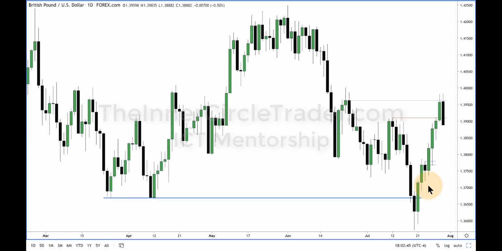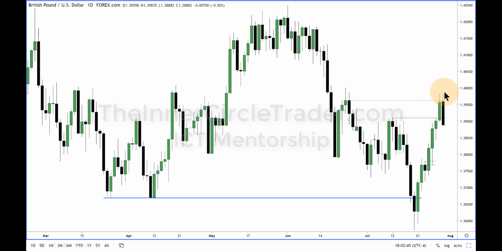Which brings us to the darling of our commentary, the British pound versus US dollar. All right, so we've taken out the sell side liquidity pool here. We accumulated. I taught this on the YouTube channel, so this is going to be complemented with what I taught in those 5 videos on YouTube. Weekly buy side liquidity pool and the rejection block here.